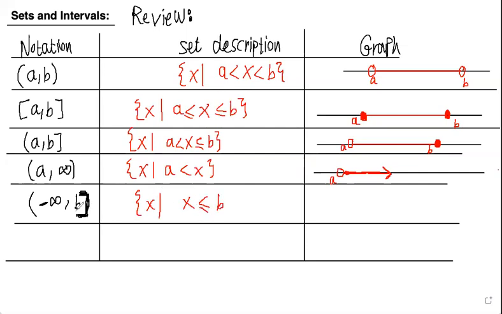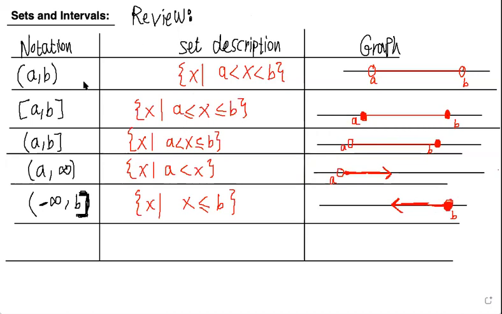Why equal? Because it is closed at b. The graph is the same as the previous one, but with a closed circle at b and all values going to minus infinity like this. We have to know there is a closed circle at b.